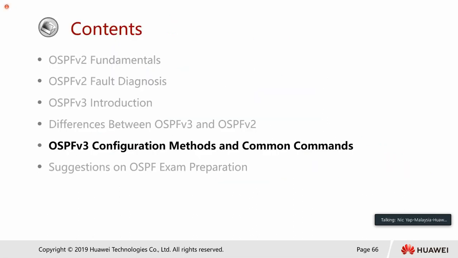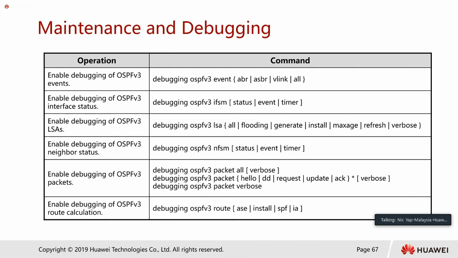Okay. So next, we look into the OSPFv3 configuration method and also common commands. For maintenance and debugging, how are you going to debug OSPFv3? These are some of the commands that can be used for maintenance and debugging.